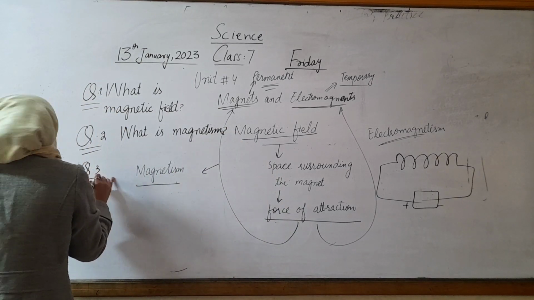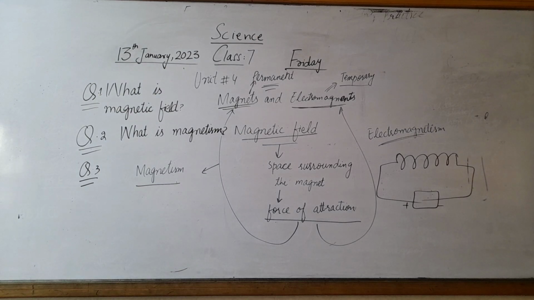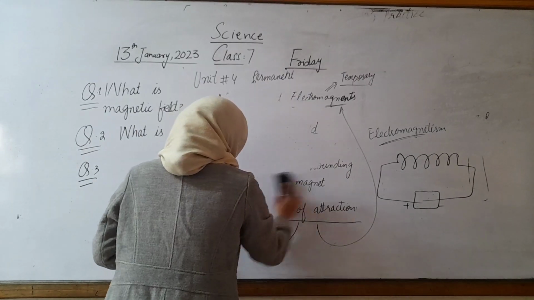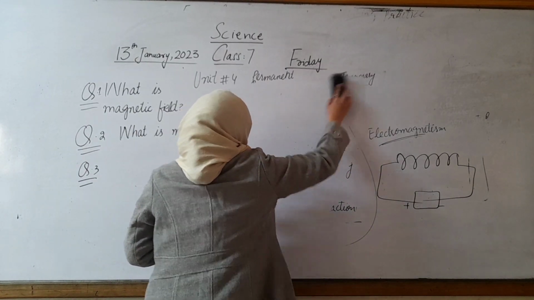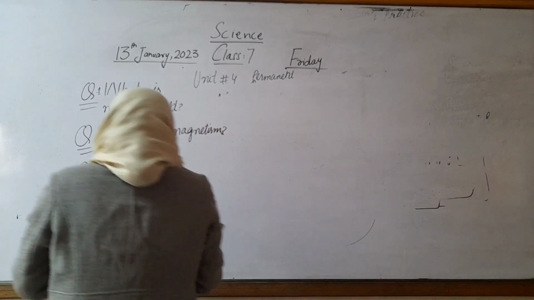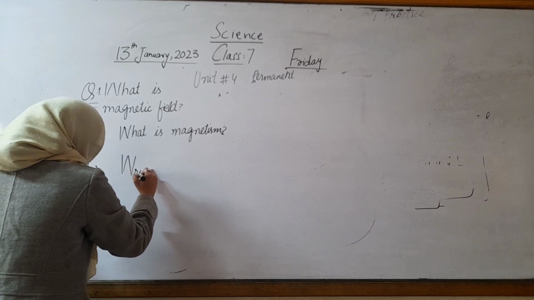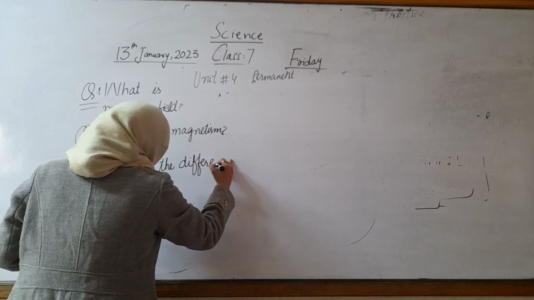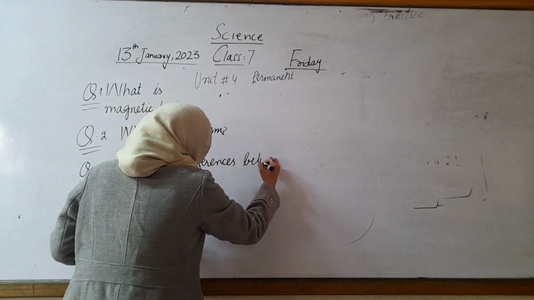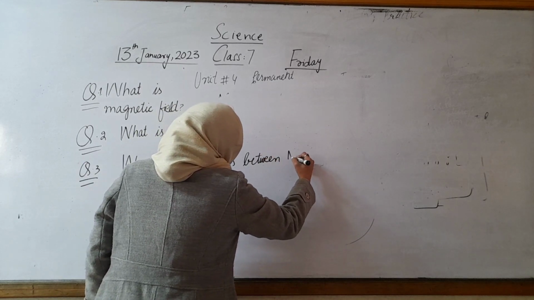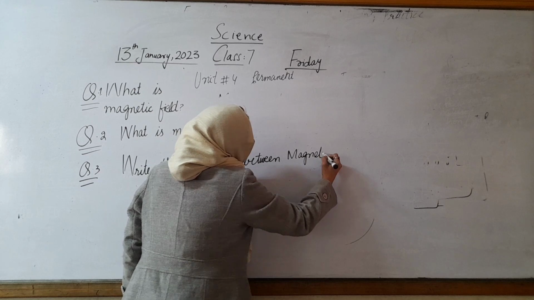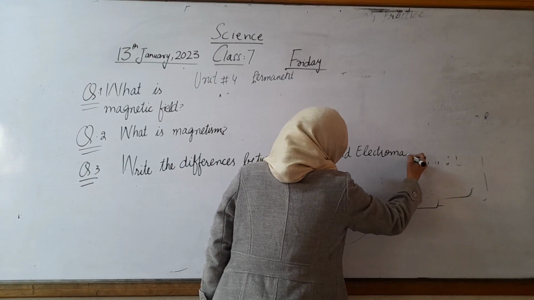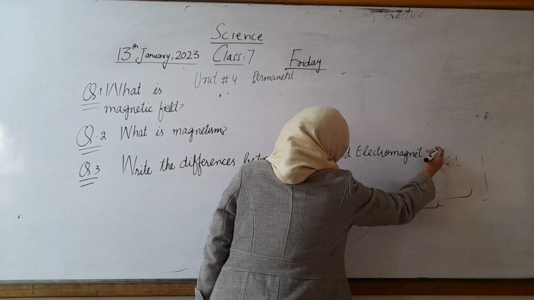Question number 3 is: differences between magnet and electromagnet. Clear?